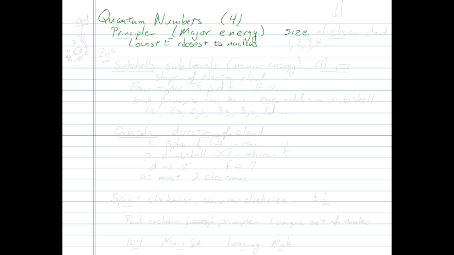So the lowest one is the first energy level. You number this: the first energy level is 1, the second one is 2, 3, 4, and so on. So the major energy determinator of the quantum numbers is the principal quantum number. It tells you the size of the electron cloud.